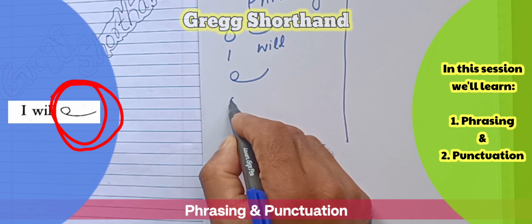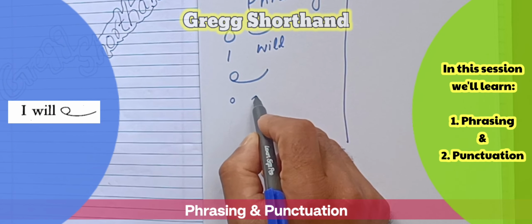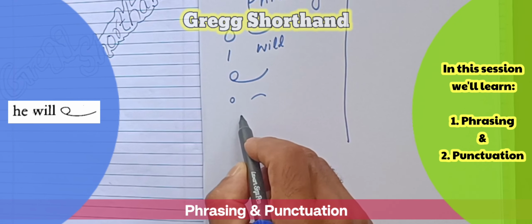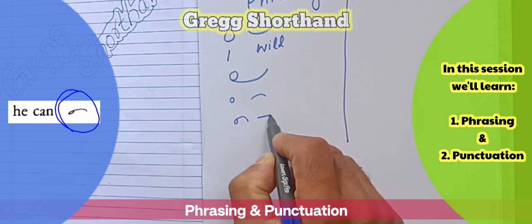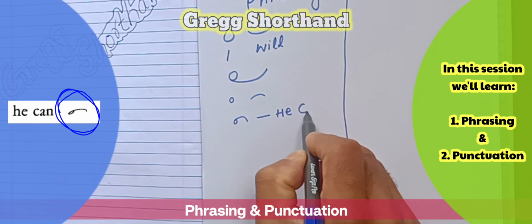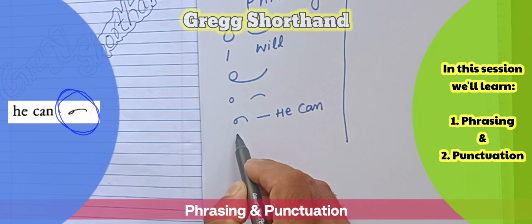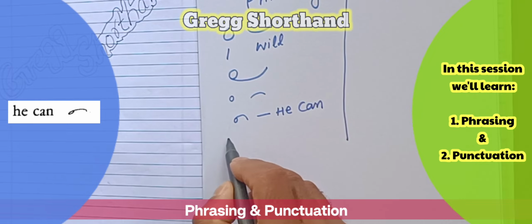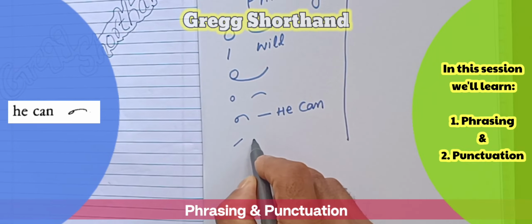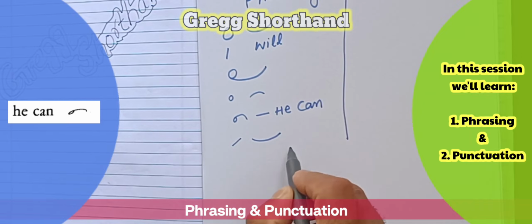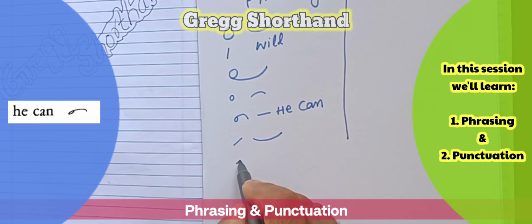Next, if this is he and this is can, we can join them together to make it he can. In the same way, I'll give another example. It will. If this is it, this is will, we'll join them together to make a single outline.